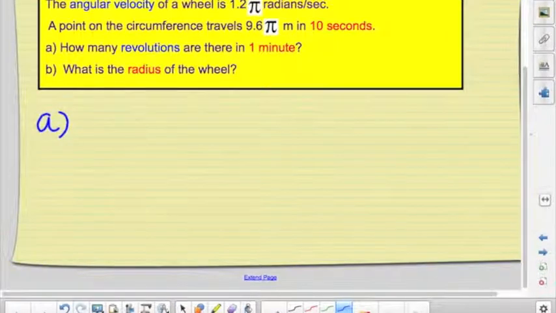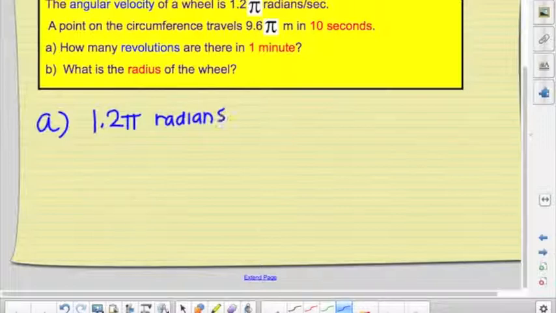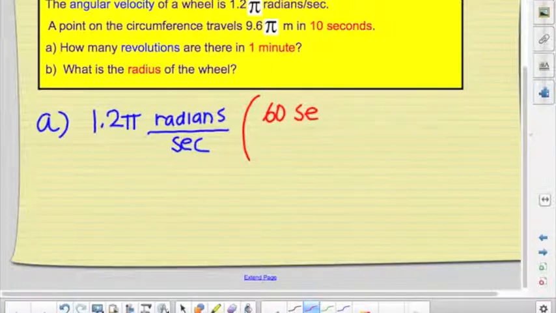So for this particular question, 1.2 pi radians per second is my angular velocity. I'm going to multiply that by the fact that I know there are 60 seconds in 1 minute.